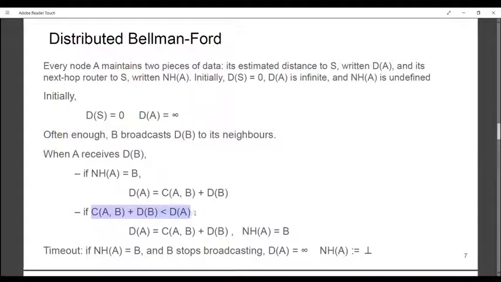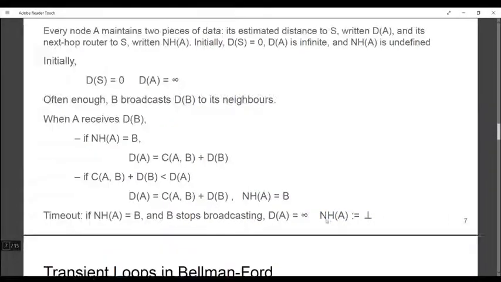So if it's lower in cost, like the cost of the link between A and B plus D of B is less than D of A, then it will update itself, and similarly it will update the next hop router to B. So what happens if NH of A is equal to B and B stops broadcasting for some reason? In that case, D of A will again reset to infinity, and NH of A will be undefined.